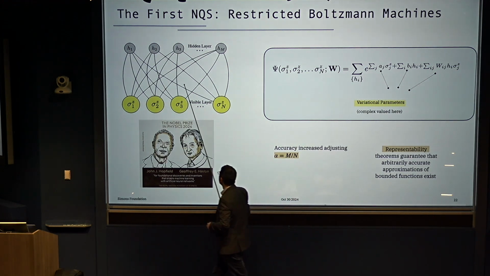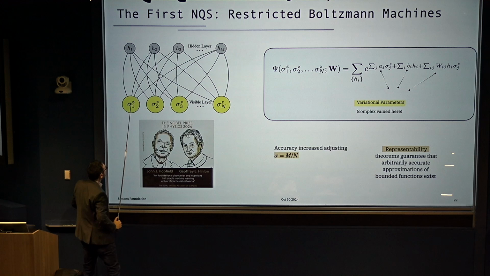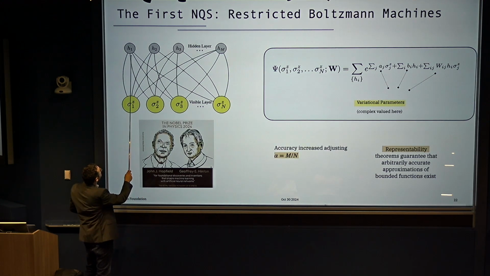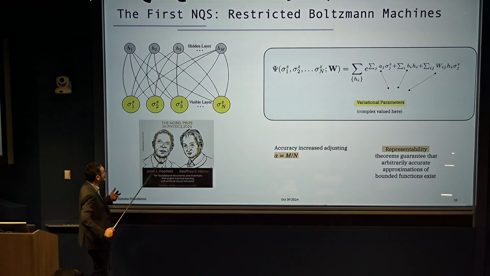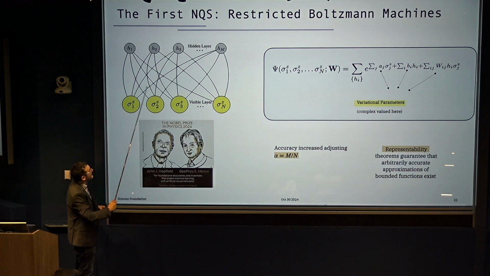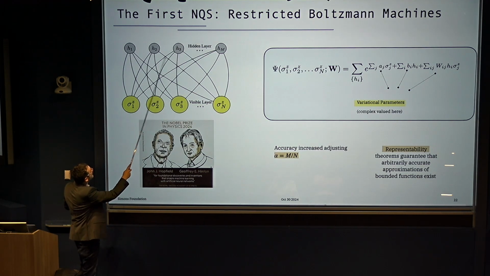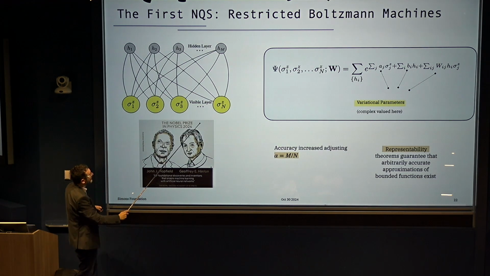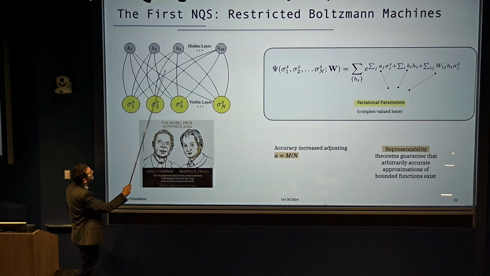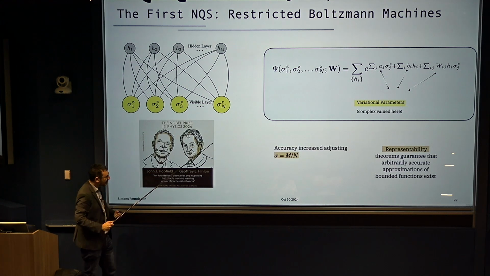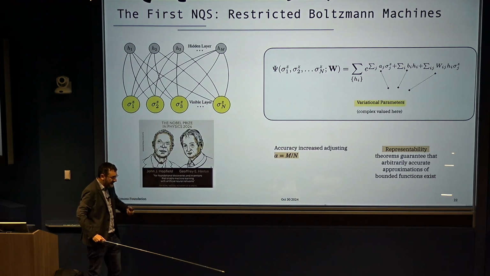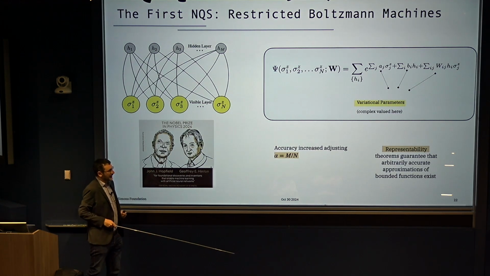The visible spins are the inputs to my neural network, and the hidden spins, the reason why essentially these two gentlemen won the Nobel Prize, encode the correlations among the visible spins. So this is one of the simplest models where these hidden variables, these hidden features, already encode some non-trivial correlation among our physical or visible or input variables.